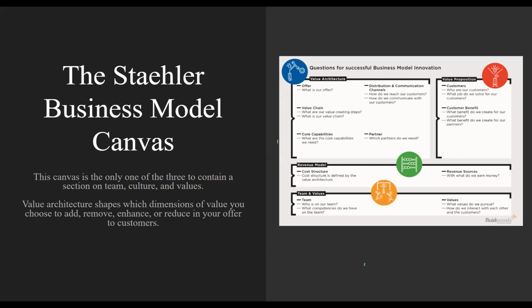This is the first and most important part of any canvas or any business idea, because your idea or your product is important only as long as somebody buys it from you. So the first thing in all business model canvases is the customer who's going to buy it. What are they going to buy? These are the main things.